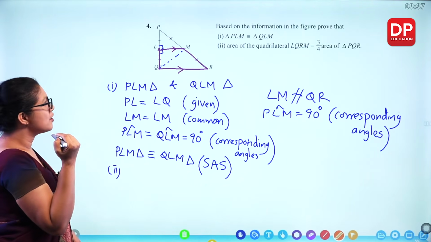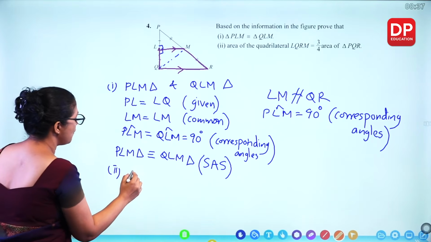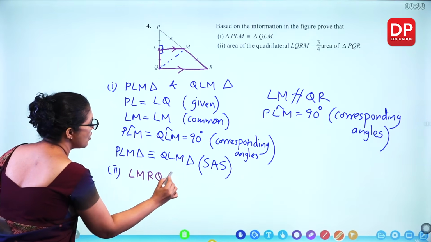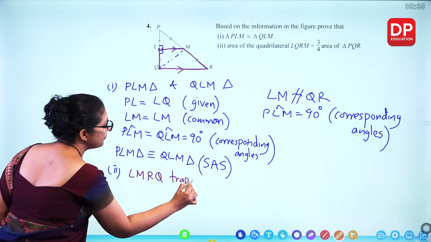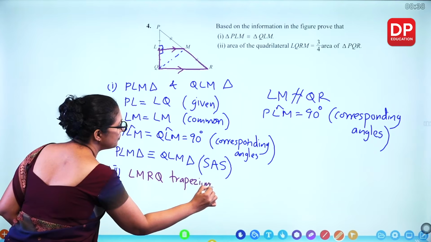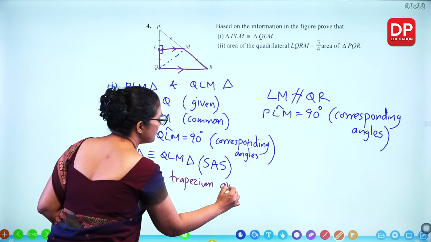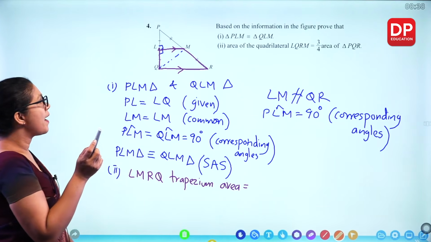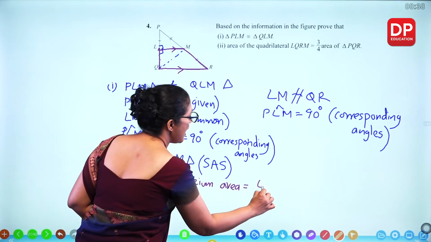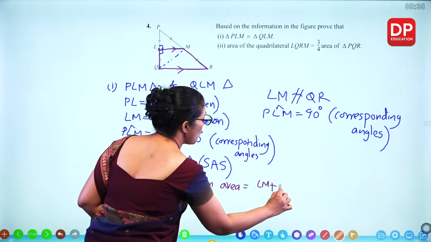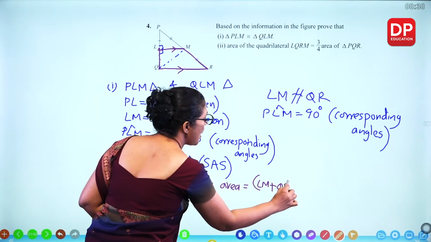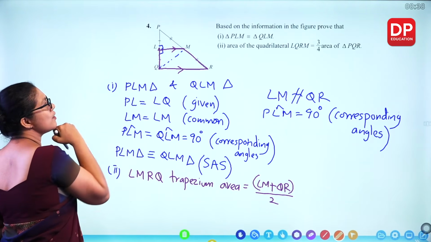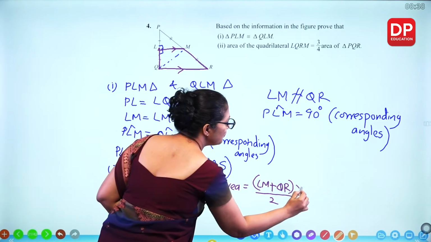So we'll find out LMRQ trapezium area. How can we find out? We can add the two parallel lines LM plus QR divided by 2 and multiplied by the perpendicular height, that's LQ.